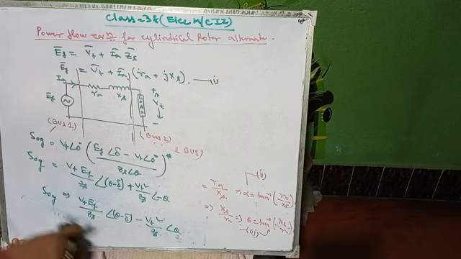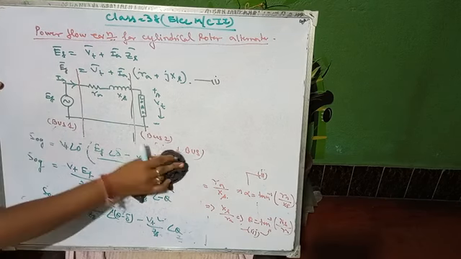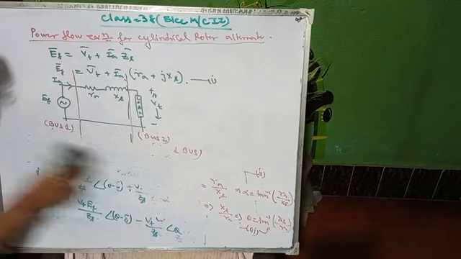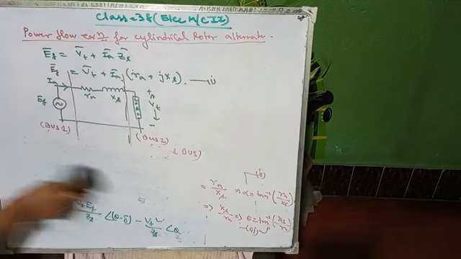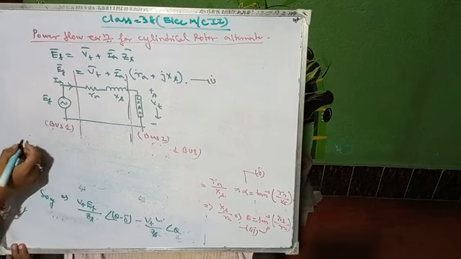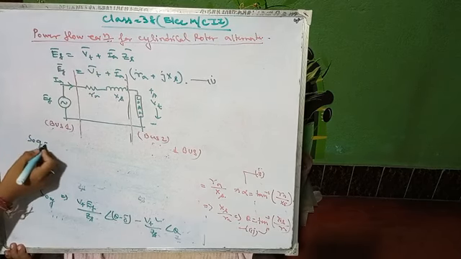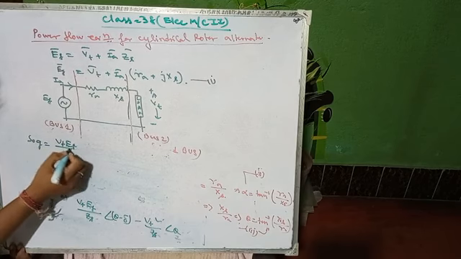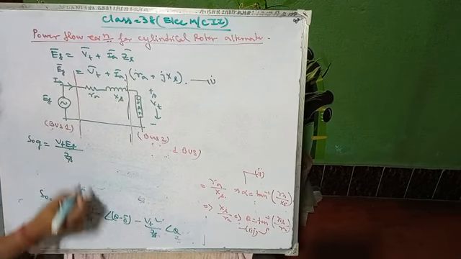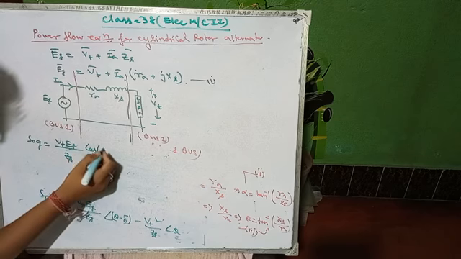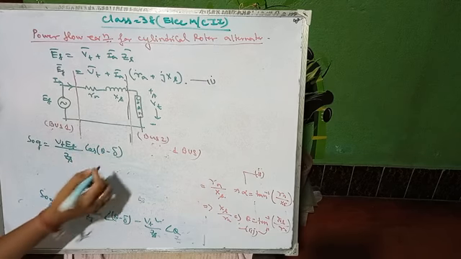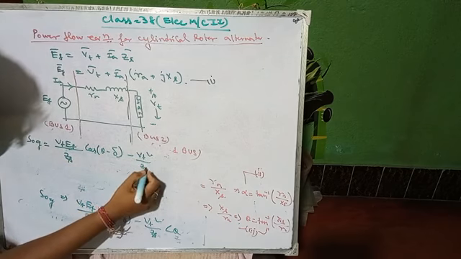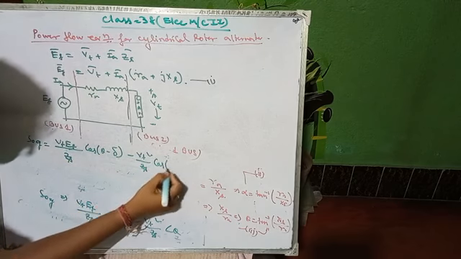Now this is in polar form, so now you have to apply it in rectangular form. What will be the rectangular form of the above equation? It is very easy. SOG equals VT by VTEF by ZS cos of theta minus delta minus VT square by ZS cos of theta.